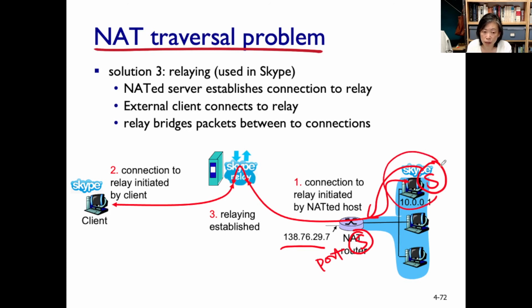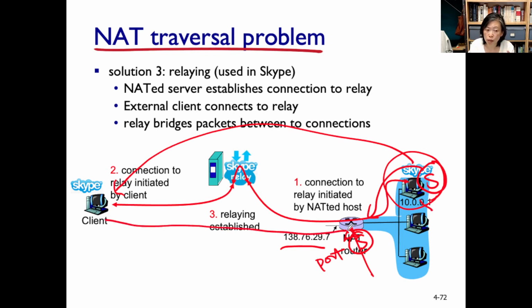With the pair of global IP address and fresh port number and the mapping established, that information can be sent to this client's friends. Therefore, they can use the global IP address and port number and call directly to the NAT box, and the NAT box will translate it so that the call reaches directly where the Skype client is. So that's a direct call without the need for a relay node.